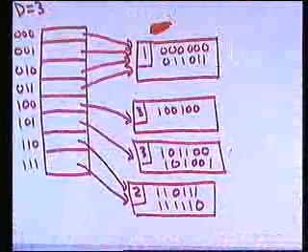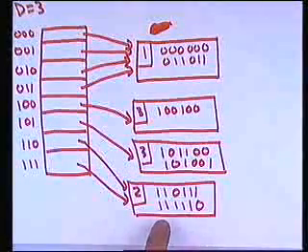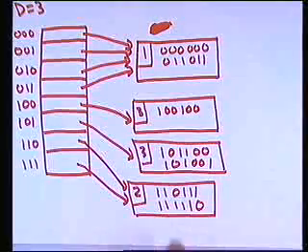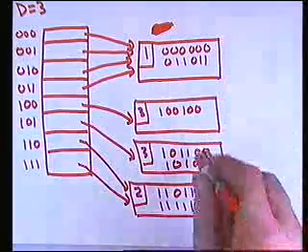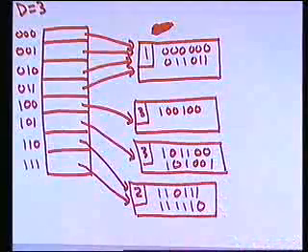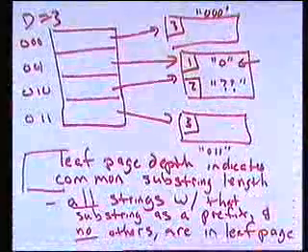So that's the idea here. Everything that starts with 0 ends up here, nothing else. Everything that starts with 1, 1 ends up here, nothing else. Everything that starts with 1, 0, 0 ends up here, and nothing else. Everything that starts with 1, 0, 1 ends up here, and nothing else. And because of that rule, we don't need to worry about arrangements like this. They can't happen.